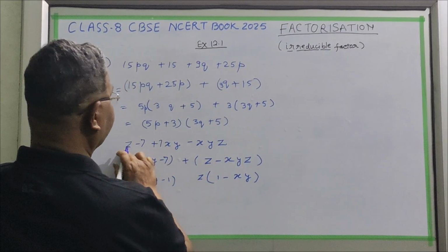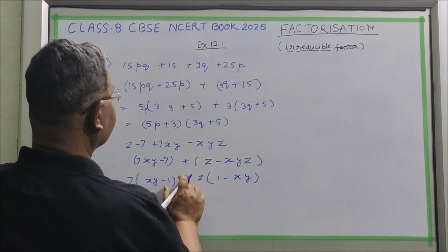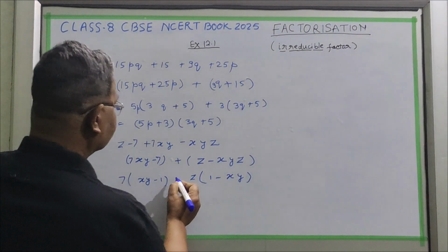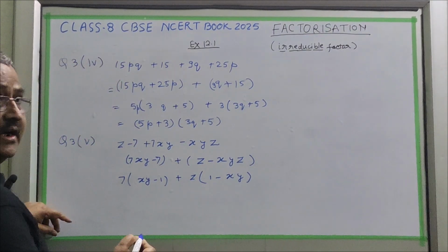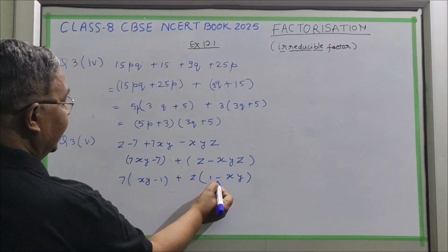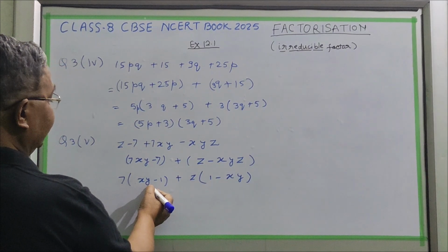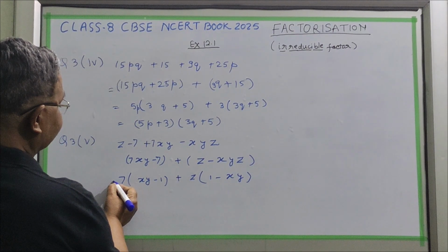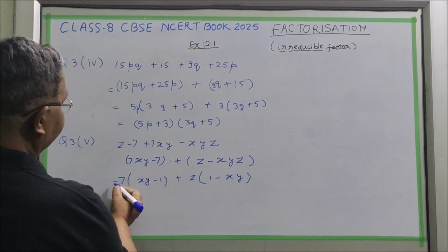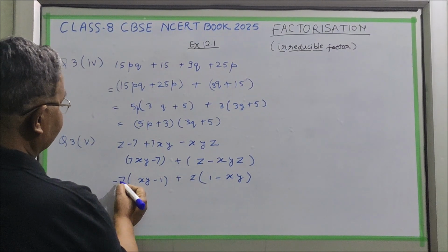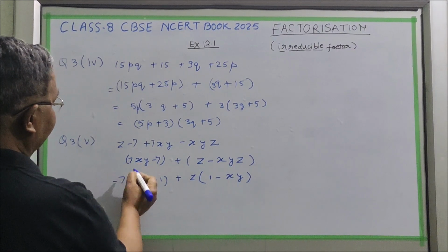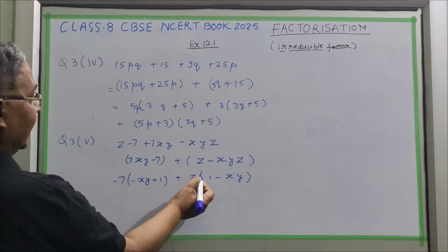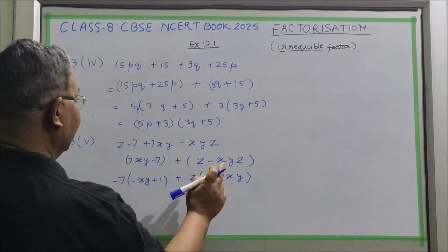Here, what we did was with z minus. Because here xy is in minus and here it is not, we are not finding a common factor. So what will we take? We will take 7 minus outside. So if we take 7 minus, plus figure will become minus, and this minus will become plus. Here also 1 is plus and xy is minus.